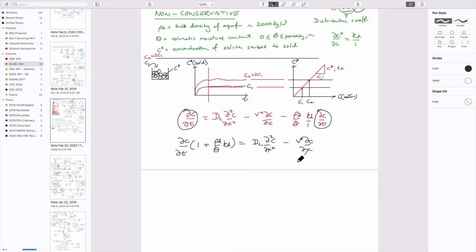And we will call this a retardation coefficient. So this is just a term. This is referred to as uppercase R, which is called the retardation coefficient.